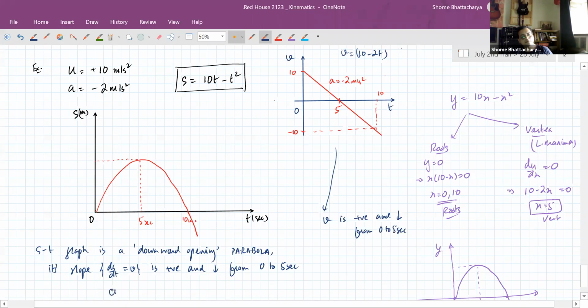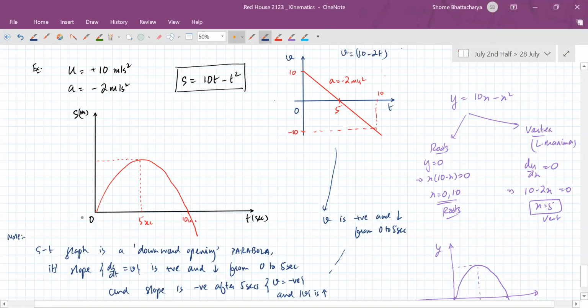And the slope is negative after 5 seconds. That means v is negative and mod v is increasing. That same thing you can see here also, that after 5 seconds, the velocity becomes negative. So that's one point.